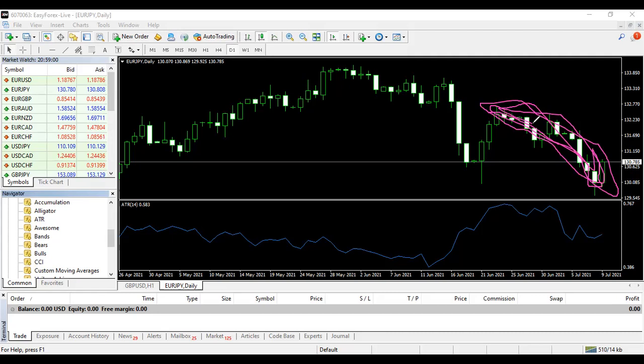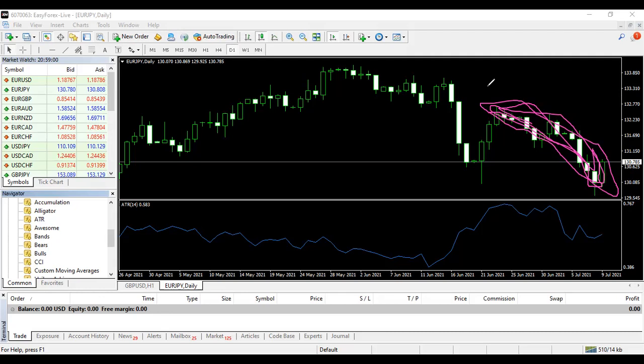If you switch it to 4-hour time frame, it's going to calculate based on the past 14 4-hour candles. If you switch it to 1-hour time frame, it's going to calculate the past 14 1-hour candles. If you switch it to 30-minute time frame, it's going to calculate the past 14 30-minute candles. Whatever time frame you put it on, that is the calculation it's going to give you.